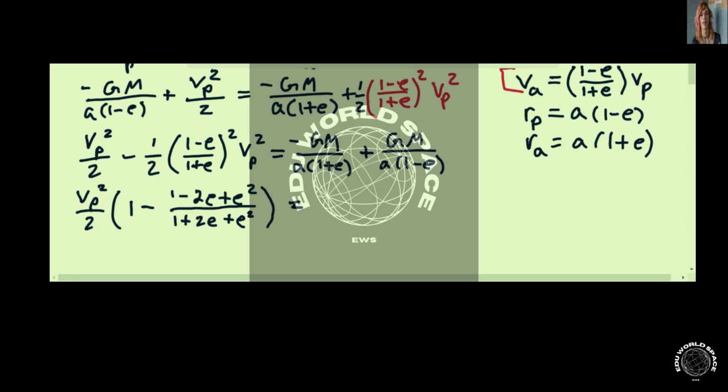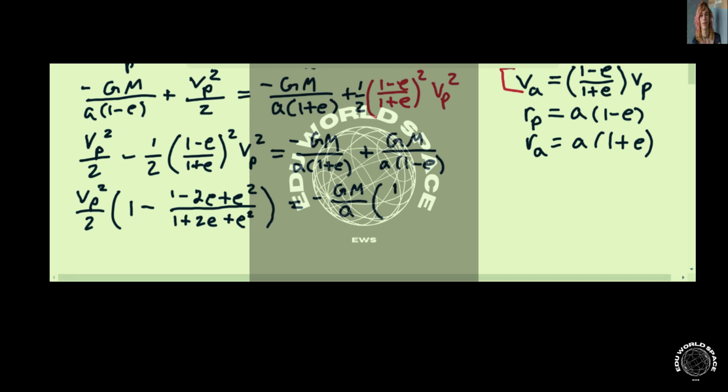Equals, and then from both of these I can factor out a negative GM over A times, okay, I'm going to eventually want to combine these two fractions in my algebra, so I'm going to give them like denominators while I'm also doing this factoring, doing multiple things in the same step. So originally this is 1 over (1 plus E). I'm going to multiply numerator and denominator by (1 minus E).